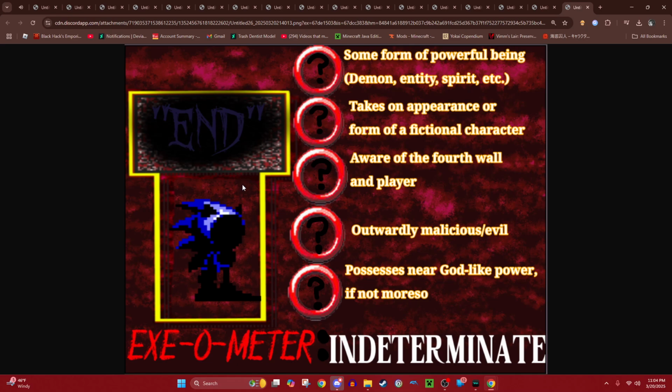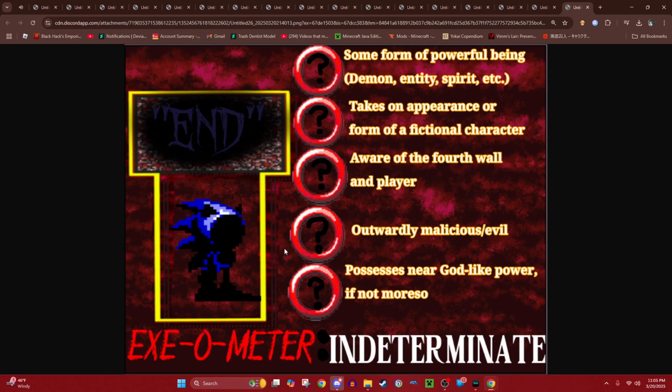Now, I could be wrong, and you can all let me know in the comments if this character has been confirmed to not be an EXE. Me personally, I don't believe they are an EXE. Whenever you hear people talk about Green Mountain, you notice them talk about how different it is for one of these games.